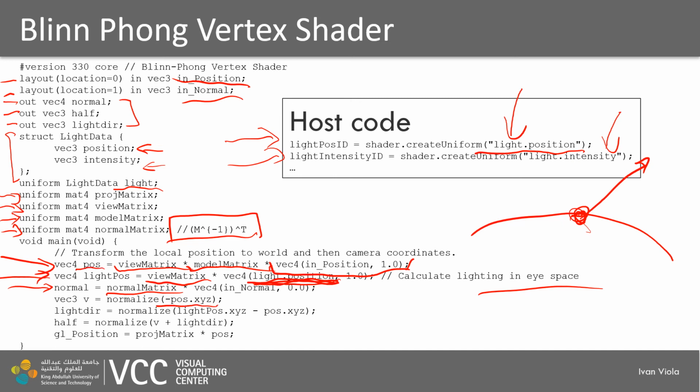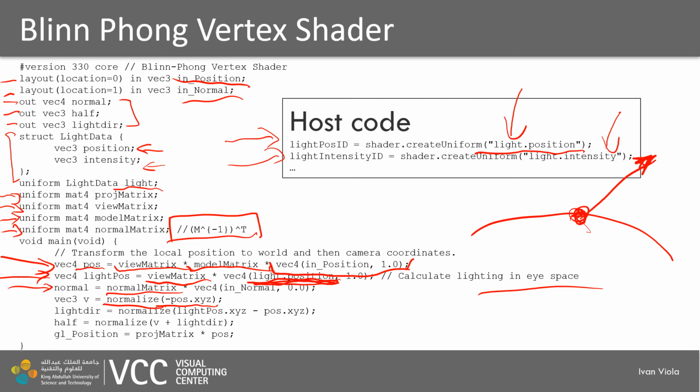The pos is the position of the vertex in the camera space. And if we want the direction from the point on the surface towards the viewer, then we need to negate this vector, and we normalize it because we want to have normalized vectors for the illumination calculation.